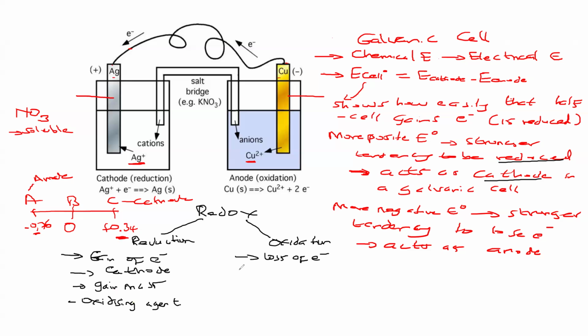All right, loss of electrons, and the tendency to lose electrons means it will act as the anode. So this one will be in the anode, and this one is a loss of mass. Then the opposite is true. This one was the oxidizing agent. This one will be reducing. This one will be the reducing agent.